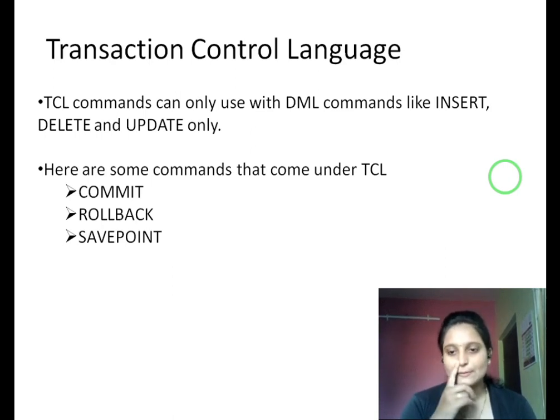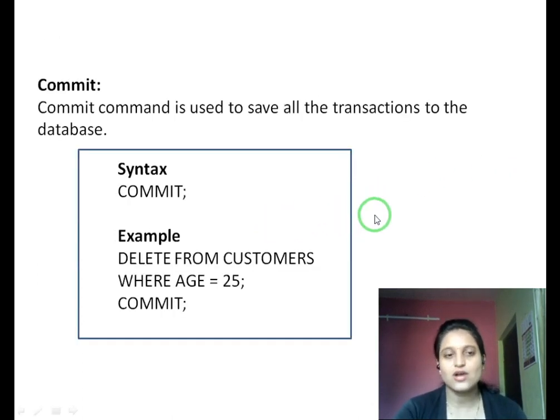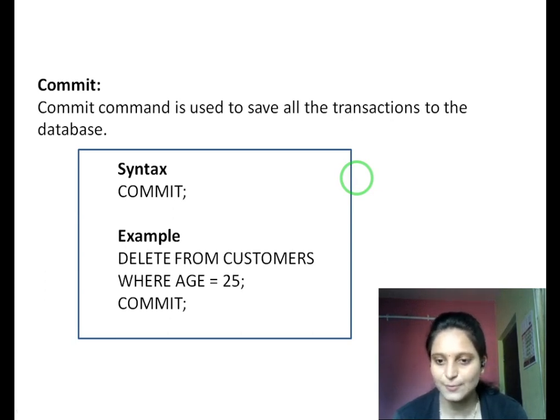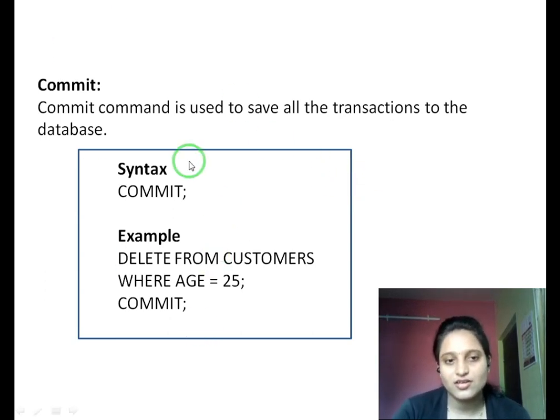Therefore, commit, rollback and save point are transaction control language commands used with DML commands like insert, delete and update. So how to use the commit command? The commit command is used to save all the transactions up to that point. Using just commit and a semicolon.